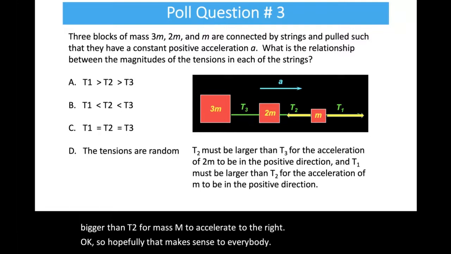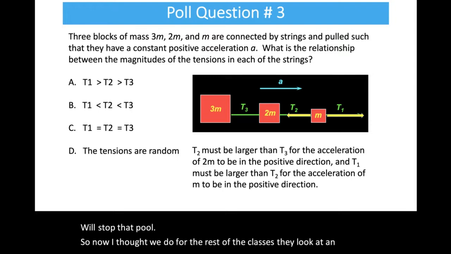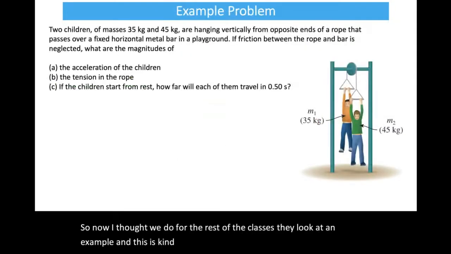We'll stop that poll. So now I thought what we do for the rest of the class is to look at an example. And this is kind of a classic example, put into a slightly different context now.